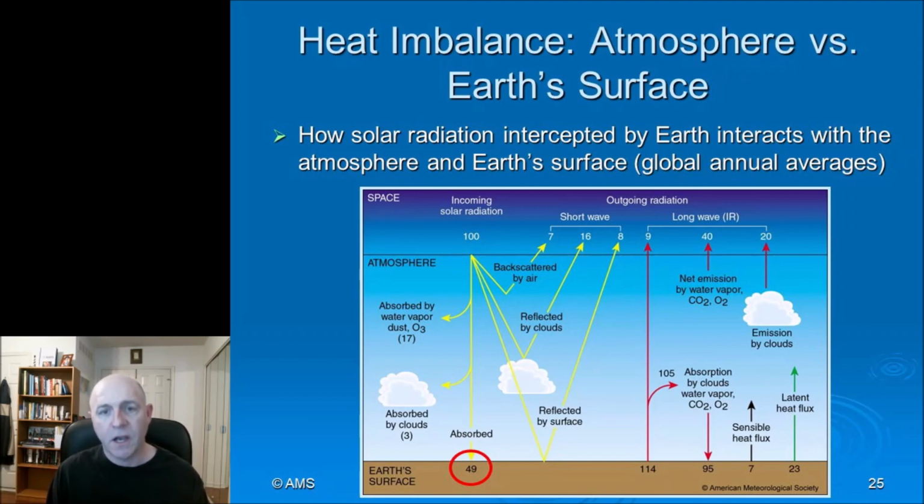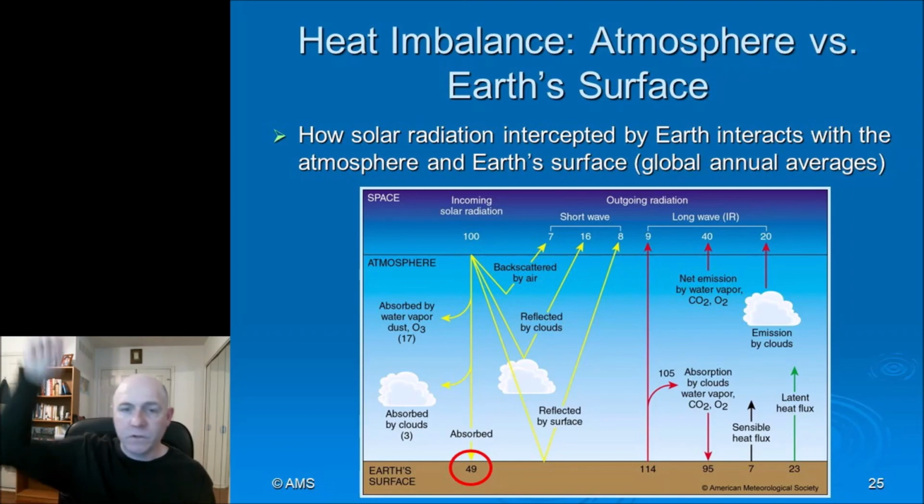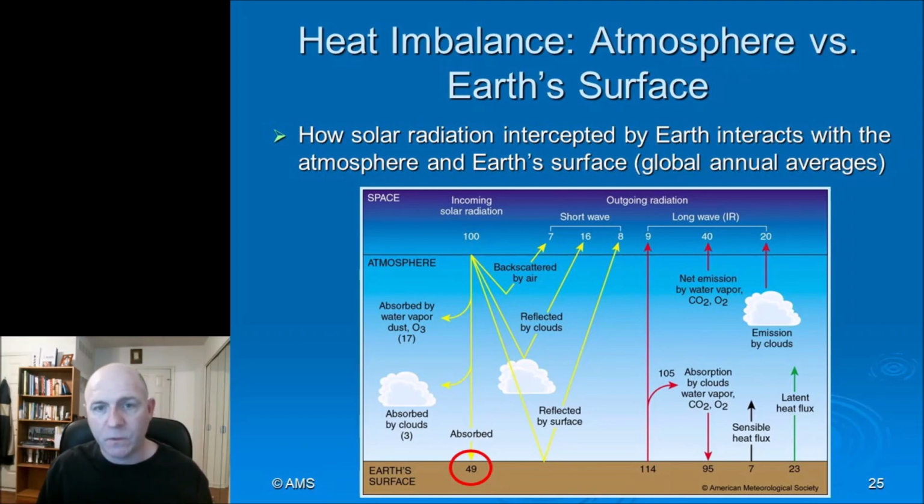Most of the energy given off from the ground, from the Earth's surface, as it goes back up into the atmosphere, is then absorbed by clouds, water vapor, carbon dioxide, or oxygen. Very little of that energy that's coming off of the ground, radiation, goes all the way up, back out of the atmosphere. Only about 9 units out of 114.